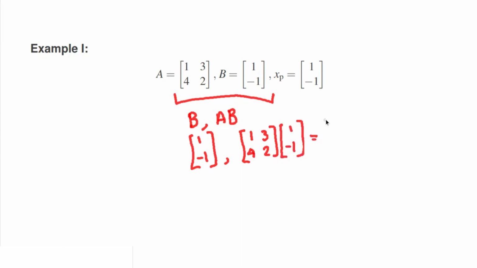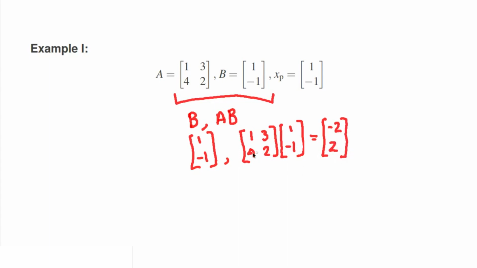And doing this matrix product to get the first entry, well, that's 1 times 1 plus 3 times minus 1, which is minus 2. And to get the second entry, 4 times 1 plus 2 times minus 1 is equal to 2.